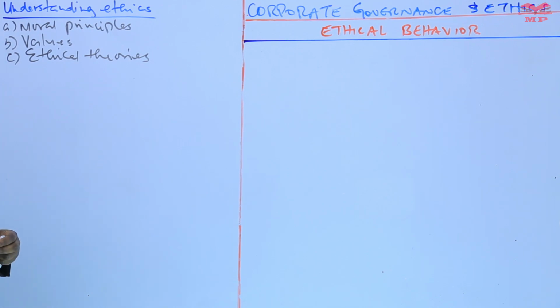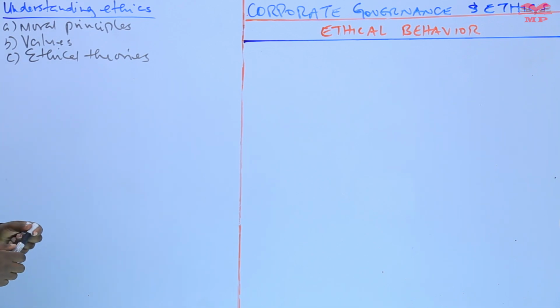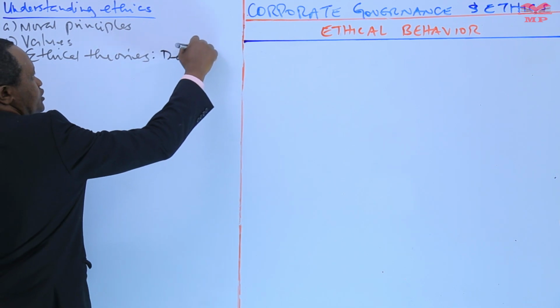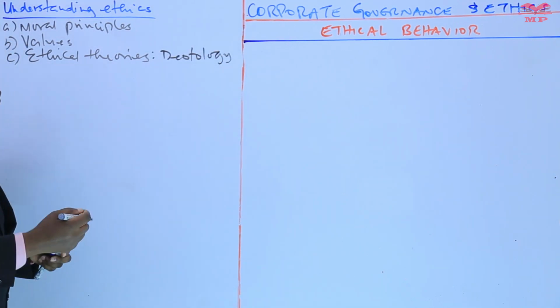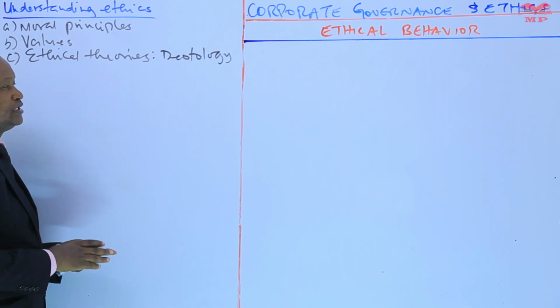There are various ethical theories that provide different frameworks for understanding and evaluating ethical behavior, and some common theories include theories of deontology. These theories emphasize the importance of following moral values and duties regardless of the consequences.